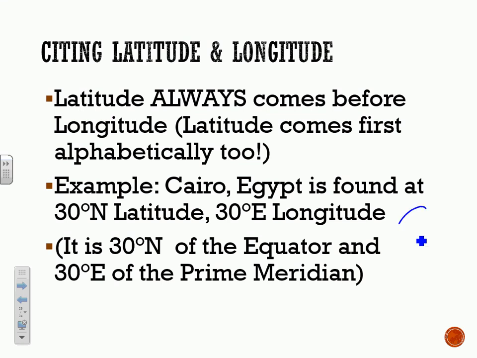And then we're looking at the prime meridian, we have 30 degrees east of the prime meridian. So Cairo, Egypt would be about right there. So we cited the latitude, 30 degrees north of the equator, and then the longitude, 30 degrees east of the prime meridian.